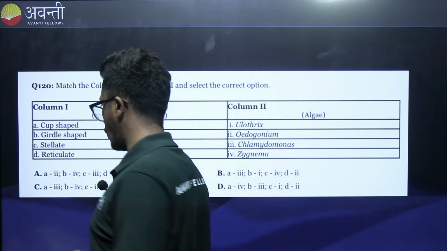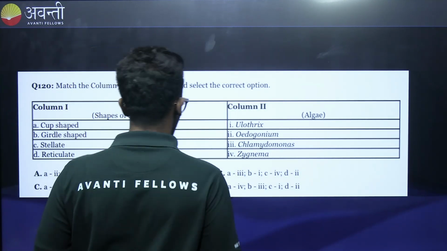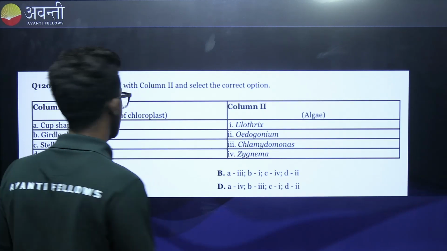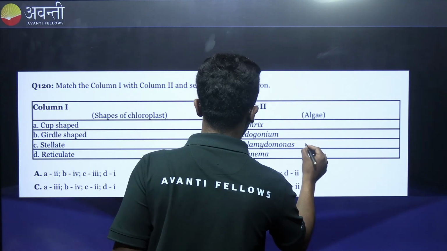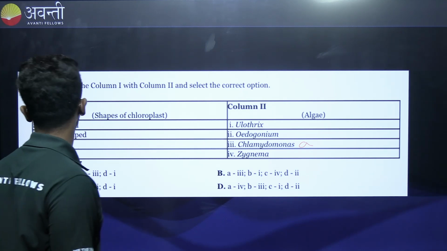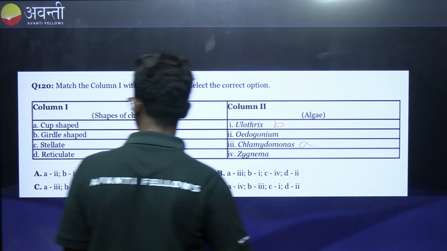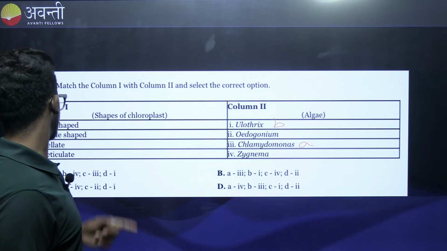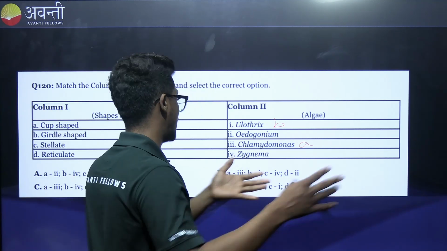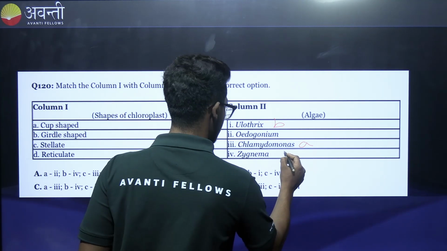So what are the correct sequences? The cup shaped is found in Chlamydomonas, so I'll write it as A. The girdle shape is found in Ulothrix, so I'll write it as B here. And the stellate shape is found in Zygnema, so I'll write it as C.